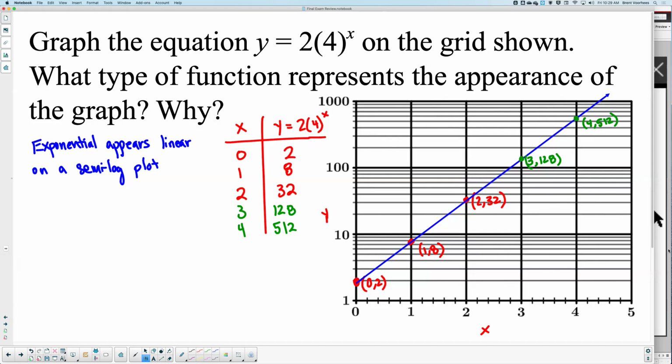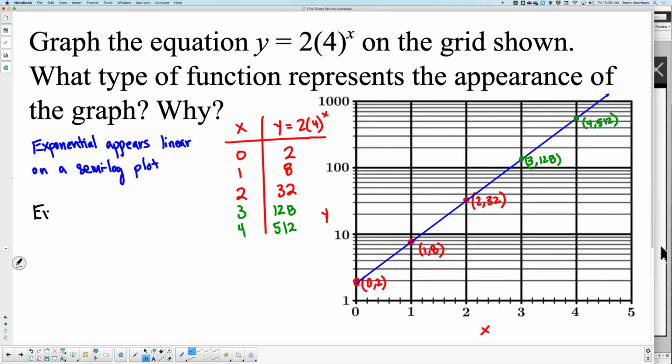Is this actually linear? Is it actually the keyword? Is actually linear? What is it actually? Exponential. How does it appear? Linear. The equation of the linear appearance is this. If you remember how this is exponential, let's just make this very clear.